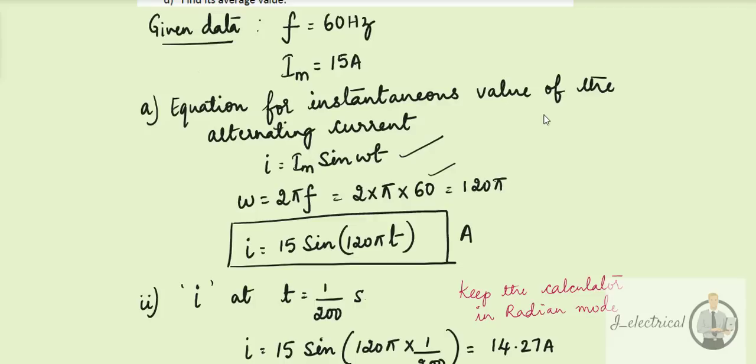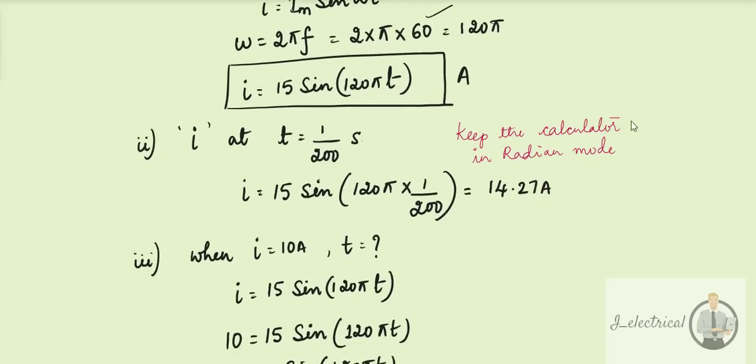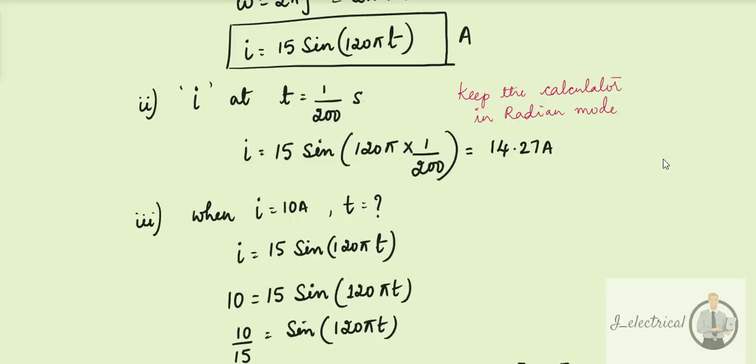Second one, we need to calculate the current value when t is equal to 1 by 200. It is simple, just substitute t in the previous equation. I have done the same, and the current is 14.27 amperes at t is equal to 1 by 200 seconds. While doing this calculation, especially the current value at a particular time, you need to keep the calculator in radian mode.